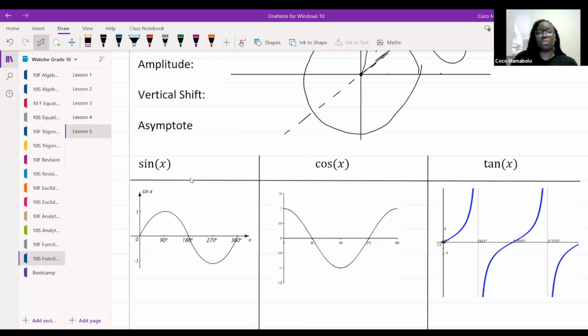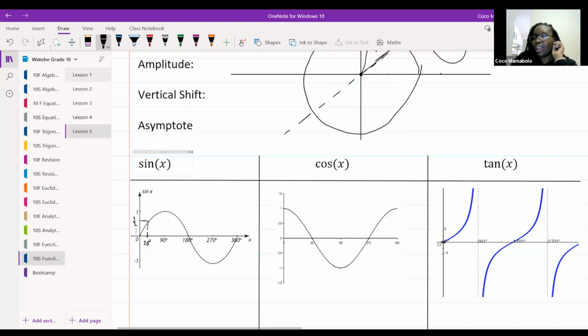If I go to my calculator and type in sine of 30 degrees, what is sine of 30 degrees going to give me? Good, it's a half.